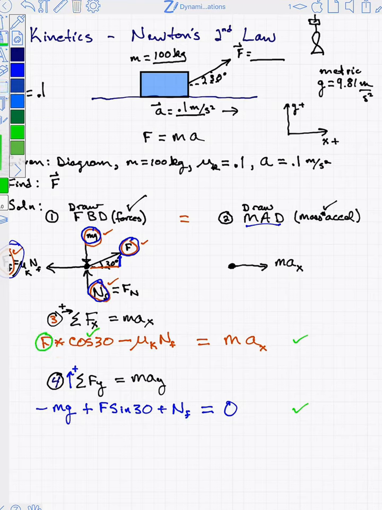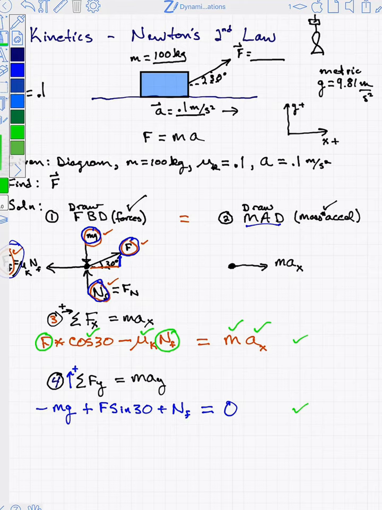Do we know the coefficient of friction? 0.1. Do we know the normal force? No. Do we know the mass? 100 kilograms. Do we know AX? 0.1. So in this equation, we have one equation and two unknowns, F and the normal force.